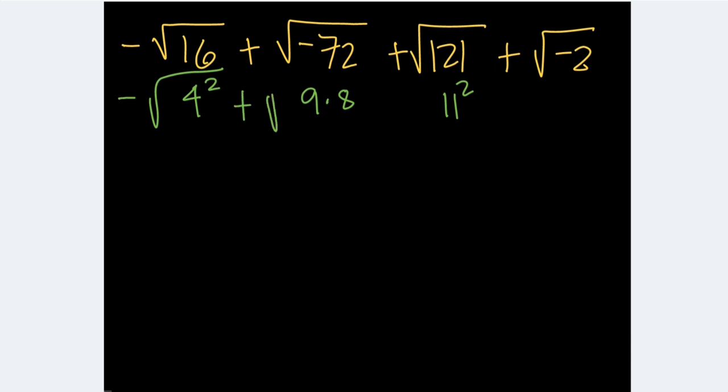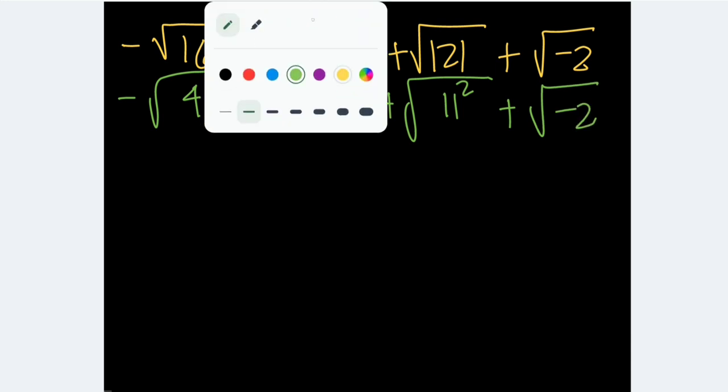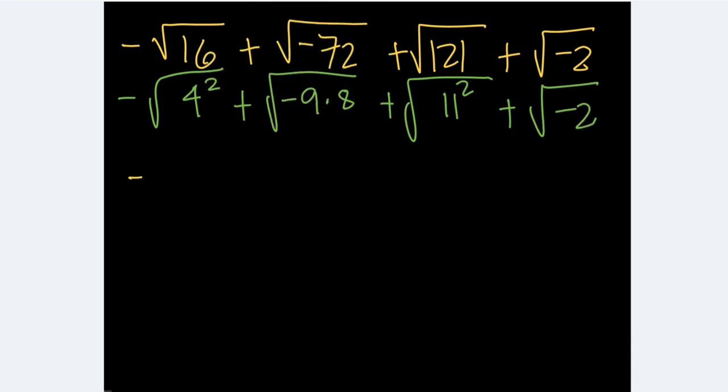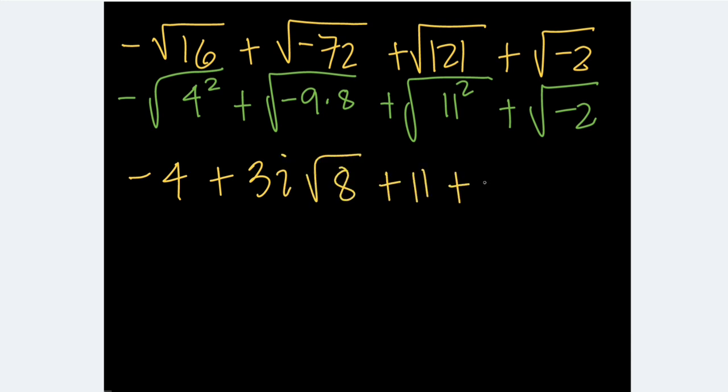plus square root of negative, and we can simplify. So this is negative 4 plus 3i square root of 8 plus 11 plus i square root of 2. But then 8 can be factored as 4 and 2, right?